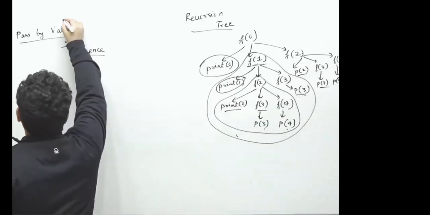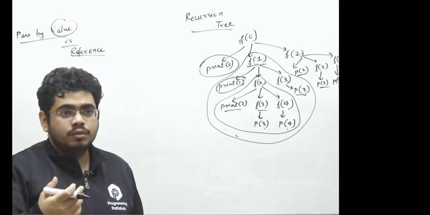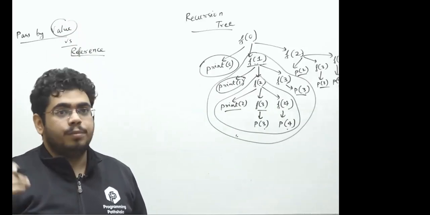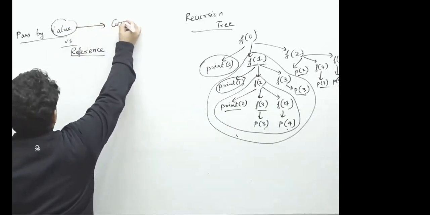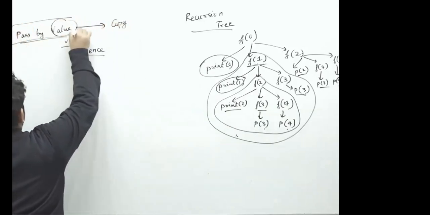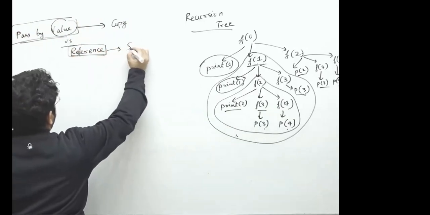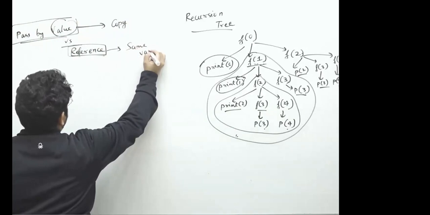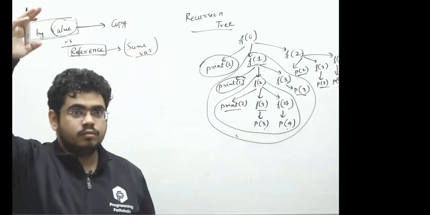When you call a function and you pass a variable into it, when you pass by value, it creates a copy. In this case, there is a copy created. But when you pass by reference, the same variable is used throughout. You may as well declare it global.